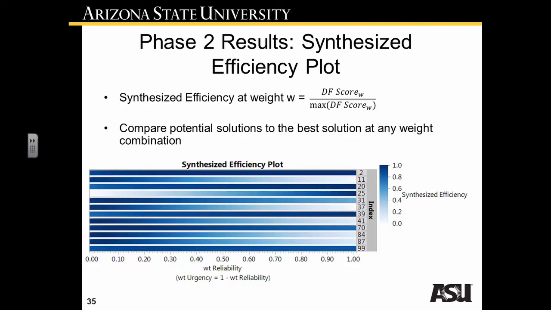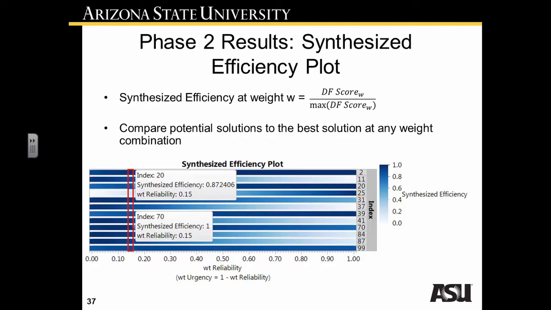So for example, let's look at weight of 0.15 again. Here is index 70, which if you recall from the mixture plot had the highest desirability function score at this weight combination. So by definition, its synthesized efficiency is 1. Compare this to index 20, which was not a top 4 solution at this weight combination, but has some dark medium blue and actually has a synthesized efficiency fairly high.